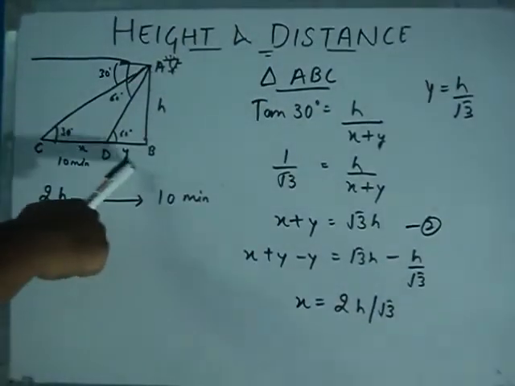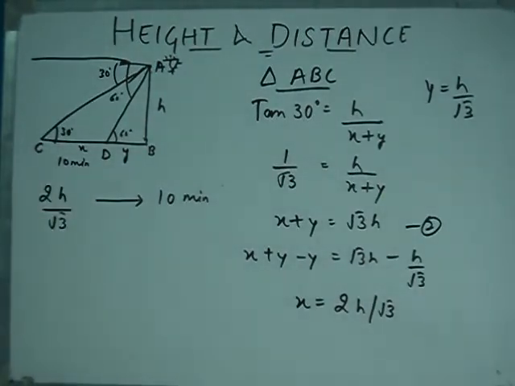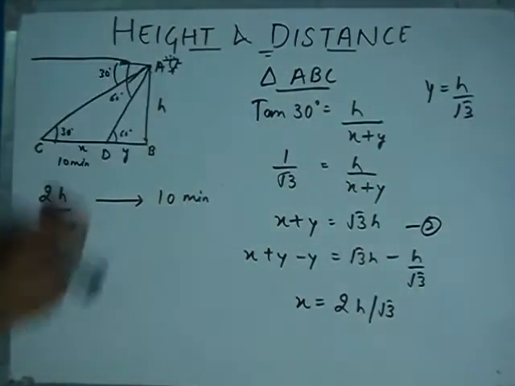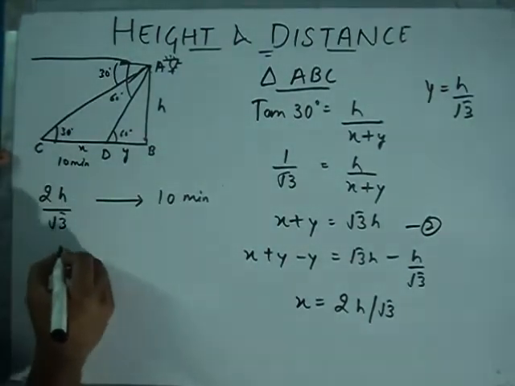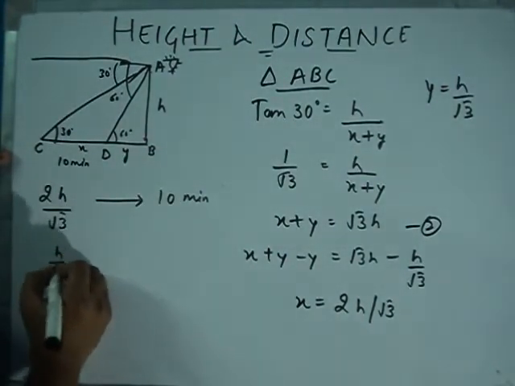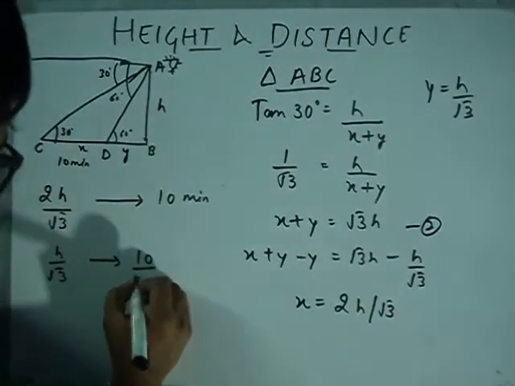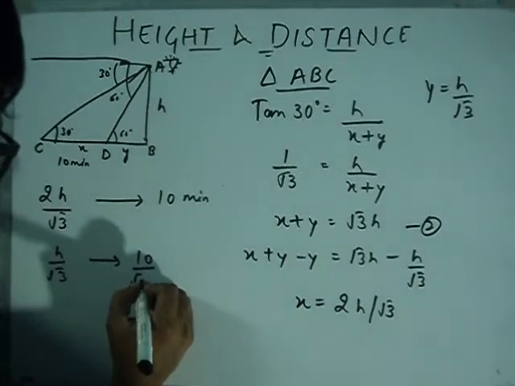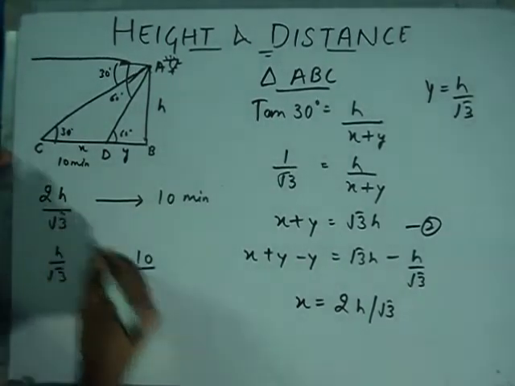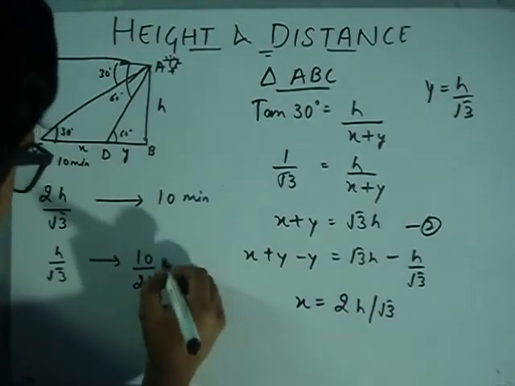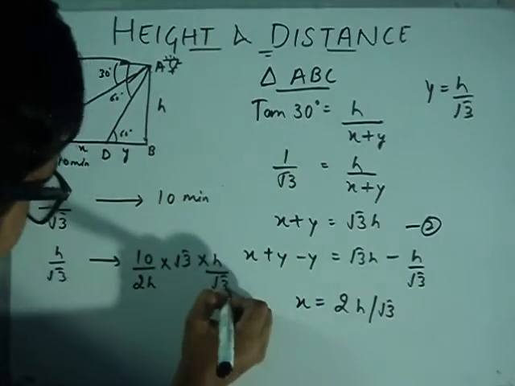So we have to find the time in which he is going from D to B. He is traveling distance y from D to B. So 2h by root 3 distance is traveled in 10 minutes, and we have to find the time for h by root 3.